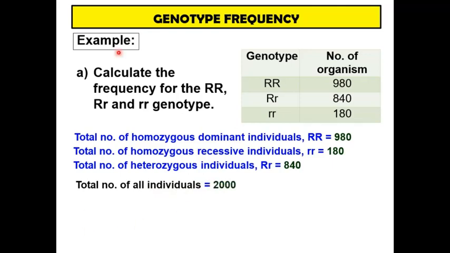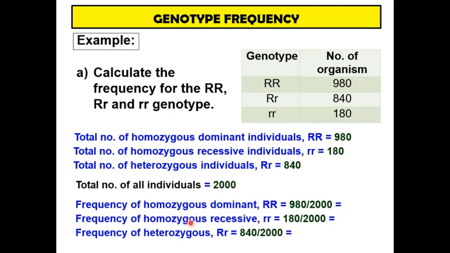Next, the frequency of homozygous dominant, like in our formula before: the total number of homozygous dominant individuals, 680, over the total number of all individuals in the population.